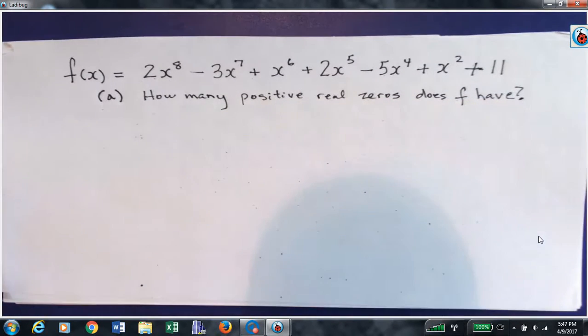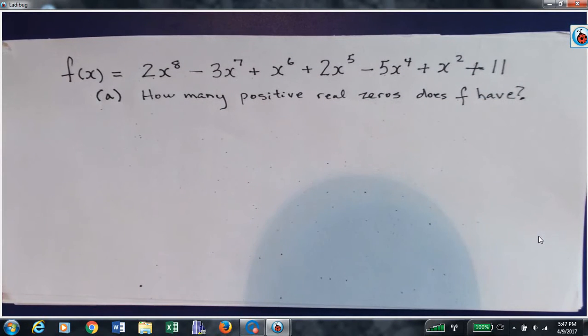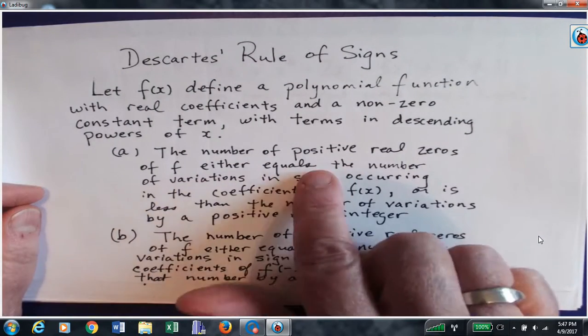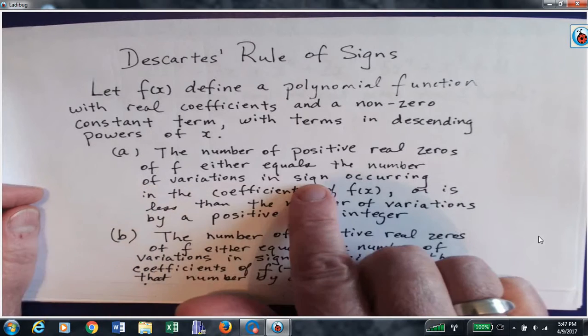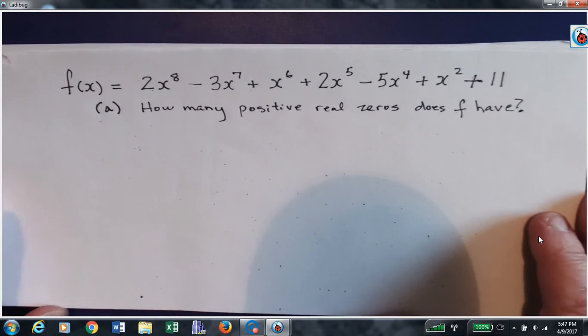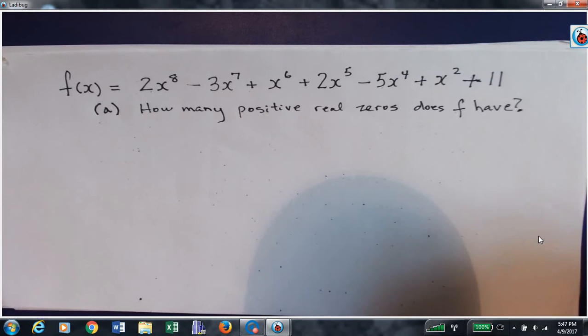Okay, so let me just put that clear as mud rule back up here. The number of positive real zeros of f either equals the number of variations in sign. Well, what the heck does that mean? We're going to count up the number of times going from left to right that the sign changes.